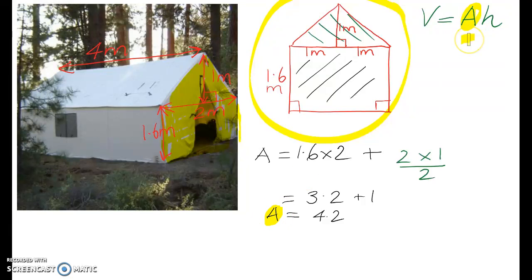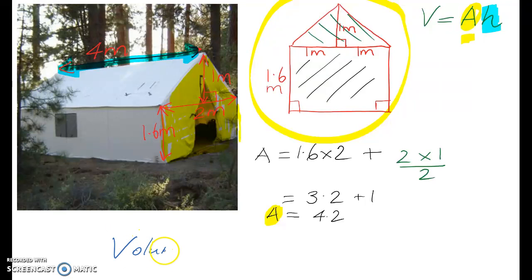So we've done that. But we need to multiply it by this height here. See that height there? So the height is how far that shape travels from one side to the other. Well, guess what? On the diagram, there it is right there. It's your 4 meters. So let's go back and do our volume.